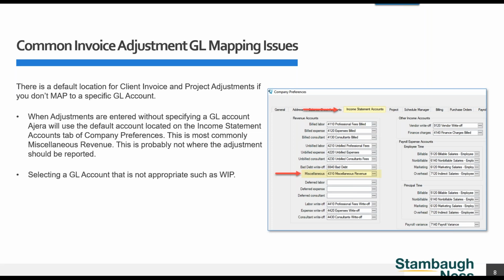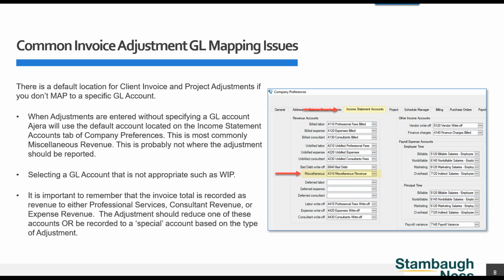Some clients have really cool accounting manuals with screenshots and documentation on what GL accounts we should be selecting. Work in progress is not an appropriate account for this, and that's why we use that as an example. So that's a really common issue, picking an account for my adjustment that is not appropriate.